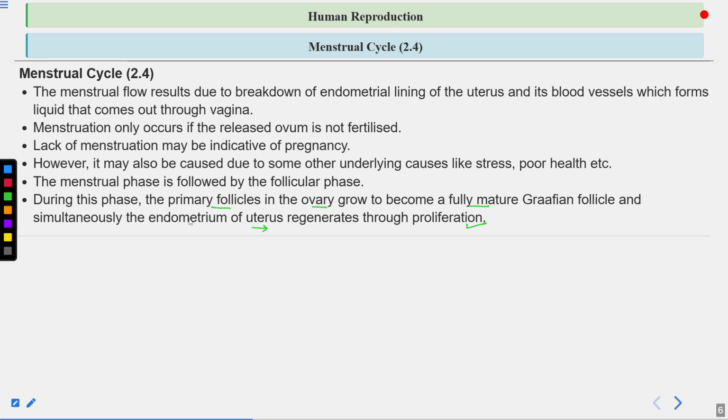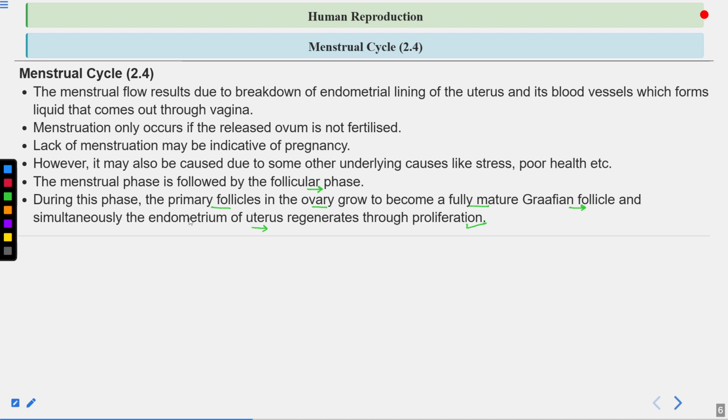Now what is happening? In the follicular phase, the development of the follicle is occurring. Primary follicle is formed, and then from primary follicles, secondary follicles, then tertiary follicles, and then finally Graafian follicles are formed. We have already discussed how the follicles develop.